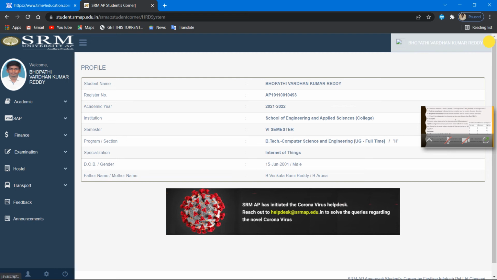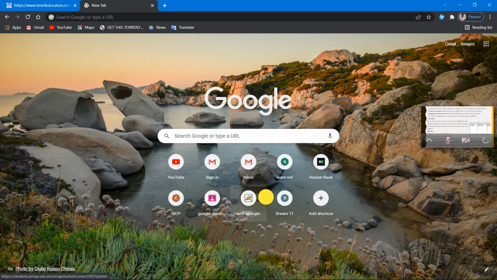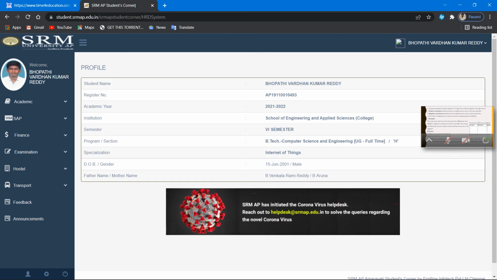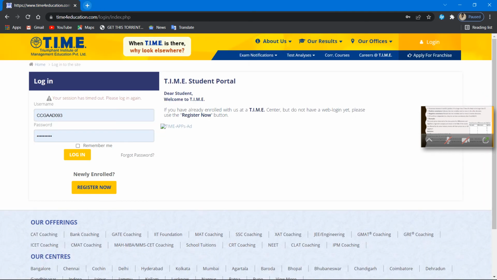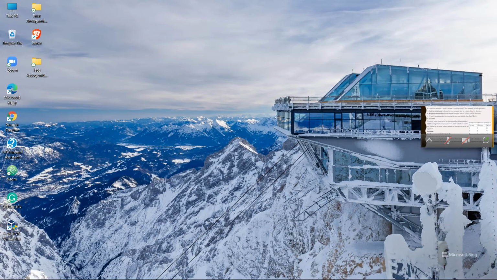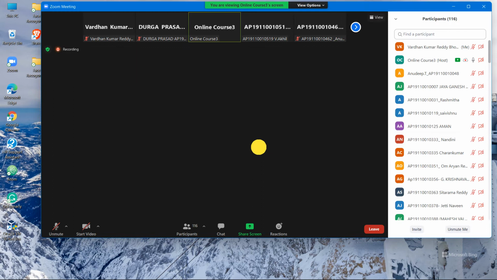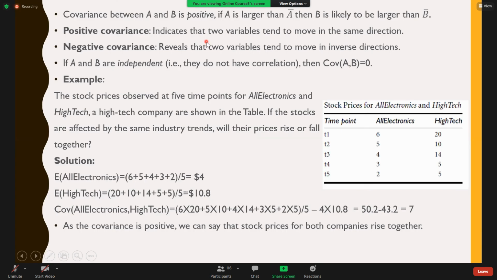Similar to correlation, if the covariance value is positive, it indicates that two variables move in the same direction. If covariance is positive, the two variables or attributes tend to move in the same direction.